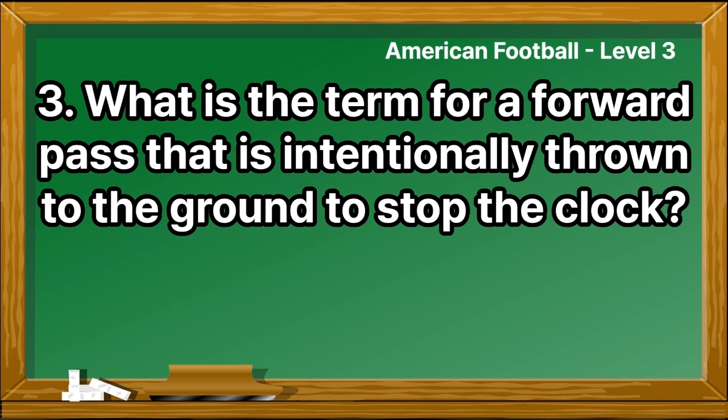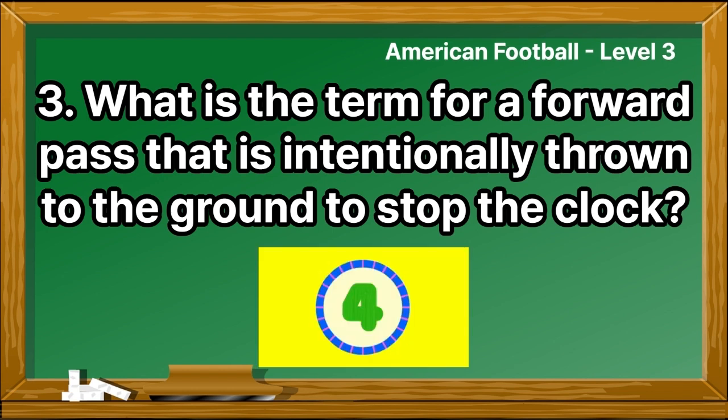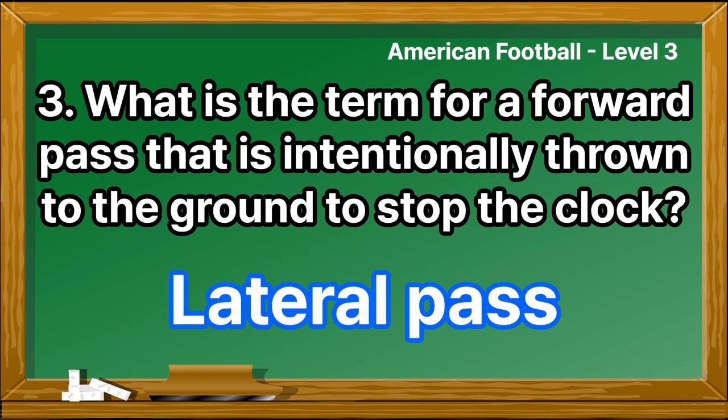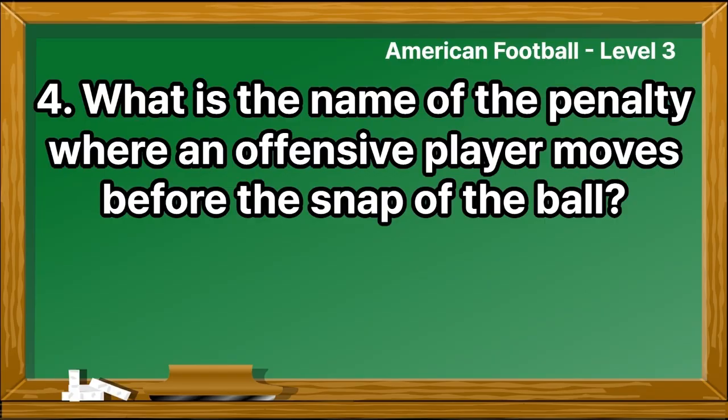What is the term for a forward pass that is intentionally thrown to the ground to stop the clock? Lateral pass. What is the name of the penalty where an offensive player moves before the snap of the ball?